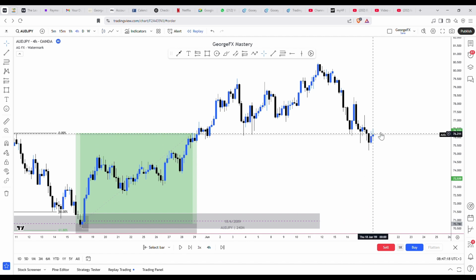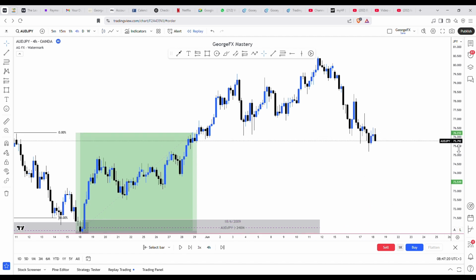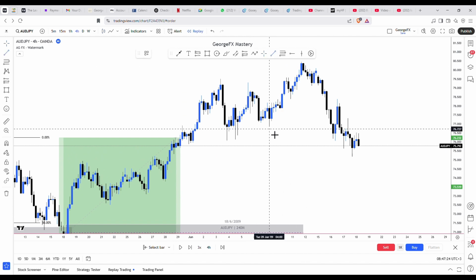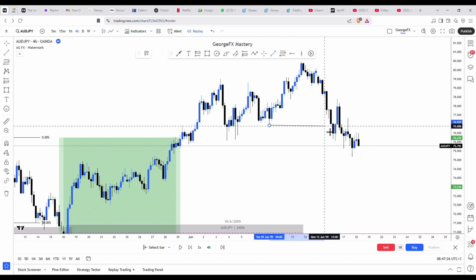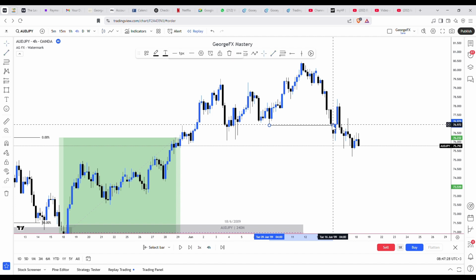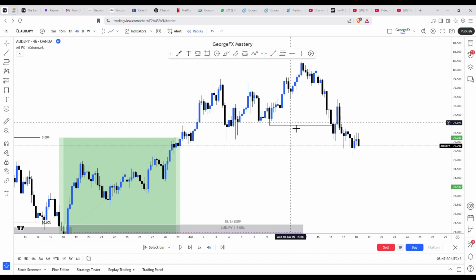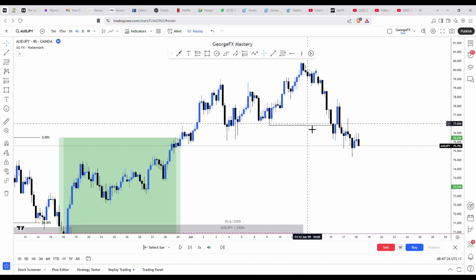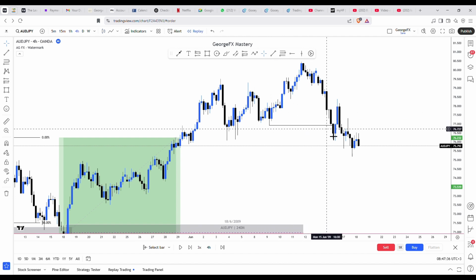And you can also see that we've had here a change of character, but I've told you these are internal structure, because this is the last low here, so it means this is an internal structure change of character.